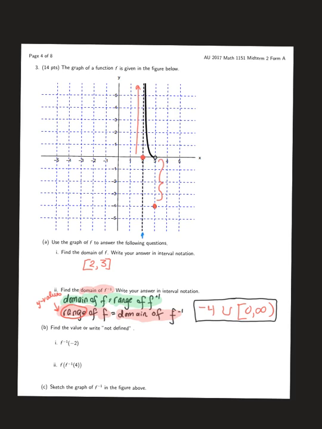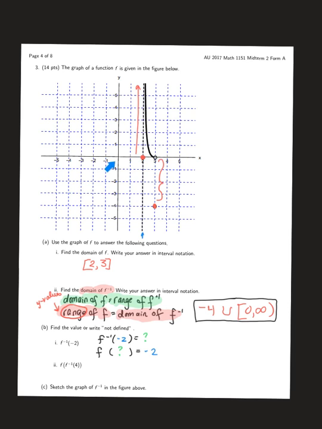F inverse of -2 is what we're being asked for next. Now it's important to note that when we have F inverse of -2 equal to something, that's the same thing as asking the question, F of what thing is equal to -2.